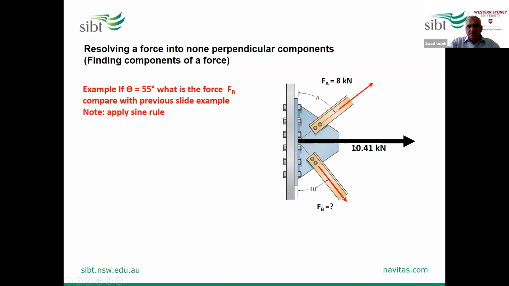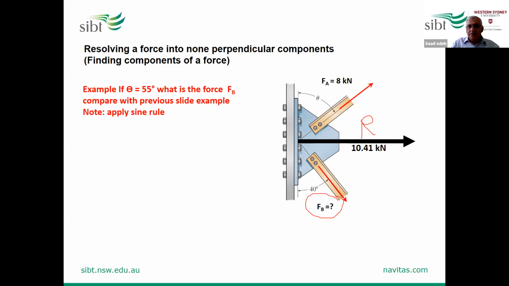For example, in this problem, I know the resultant force R already given. So here R is given, which is 10.41, but I don't know the force FB in this beam.